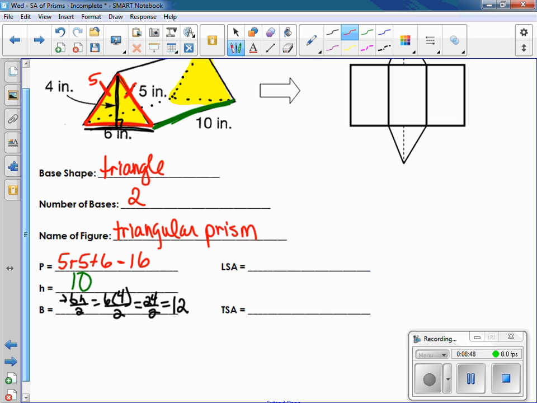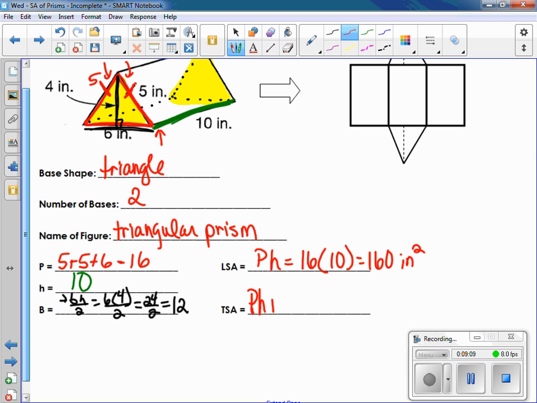Now it's time for me to take my formula. Perimeter times height. The perimeter was 16. The height was 10. So my lateral surface area is 160 inches squared. Okay? Please remember that your lateral surface area would be this left side, this left and right and bottom side, not the bases.